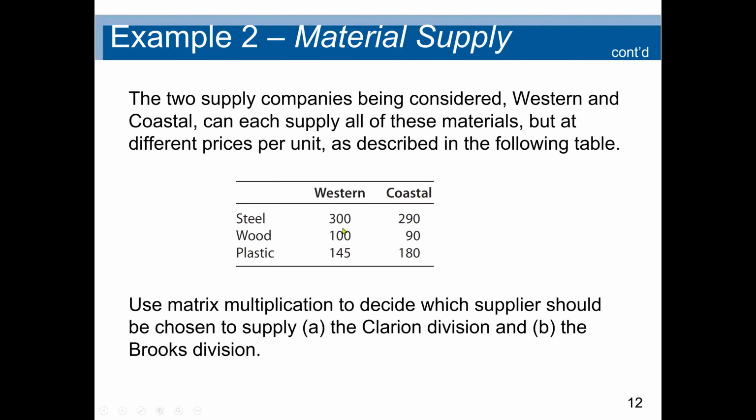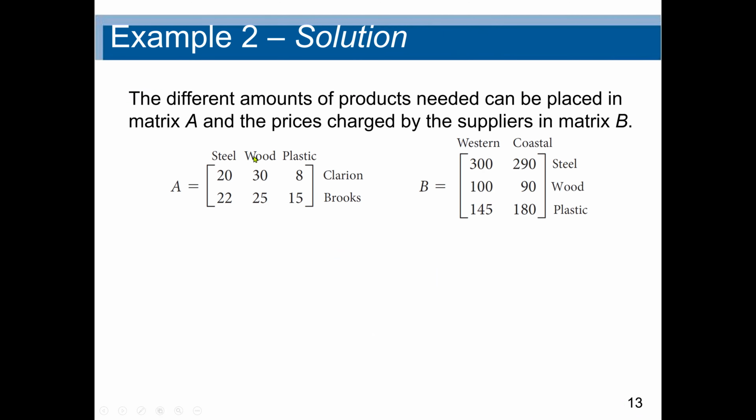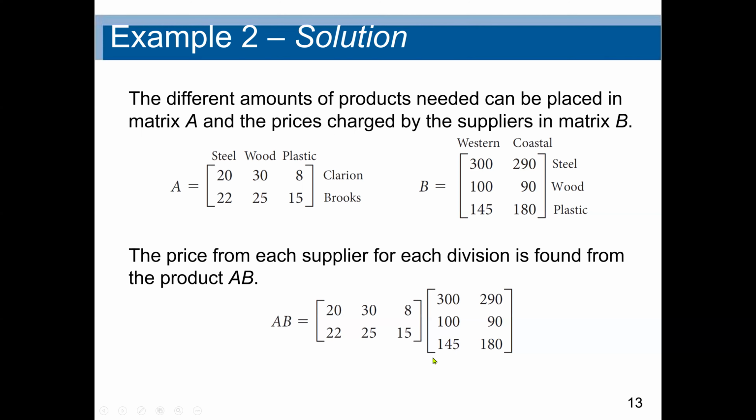So here we have a matrix. Let's put the values together. You can see the steel, wood, plastic, 20, 30, 8, Clarion, 22, 25, 15, Brooks. Then the divisions, we have Western and Coastal, and also the number of steel, wood, and plastic for each division. So now we have to do the multiplication of the 2 to see which one to take.